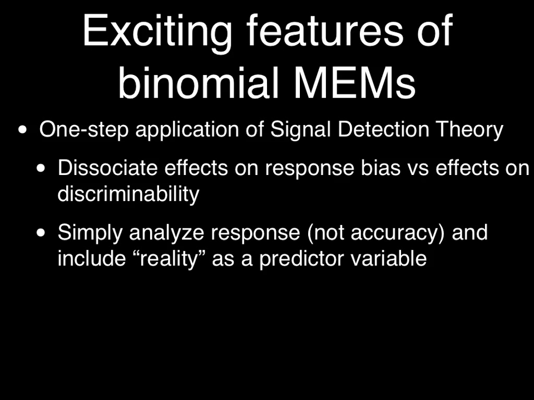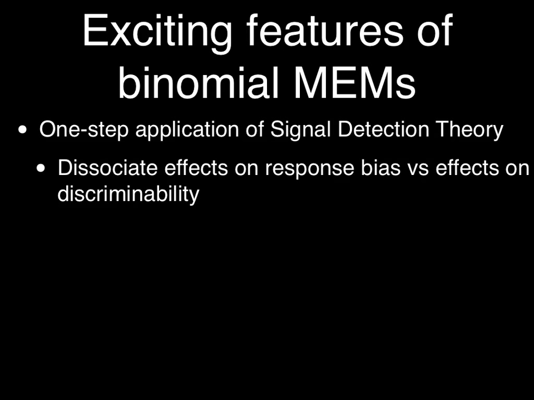The typical approach to applying signal detection theory to hierarchically collected binomial data is, within each person, within each condition of interest, you use some analytic formulas to estimate the bias parameter and the discriminability parameter. That gives you two numbers for that person in that condition. Then you do two ANOVAs, one ANOVA on the bias, if you're actually interested in bias, and another ANOVA on discriminability.